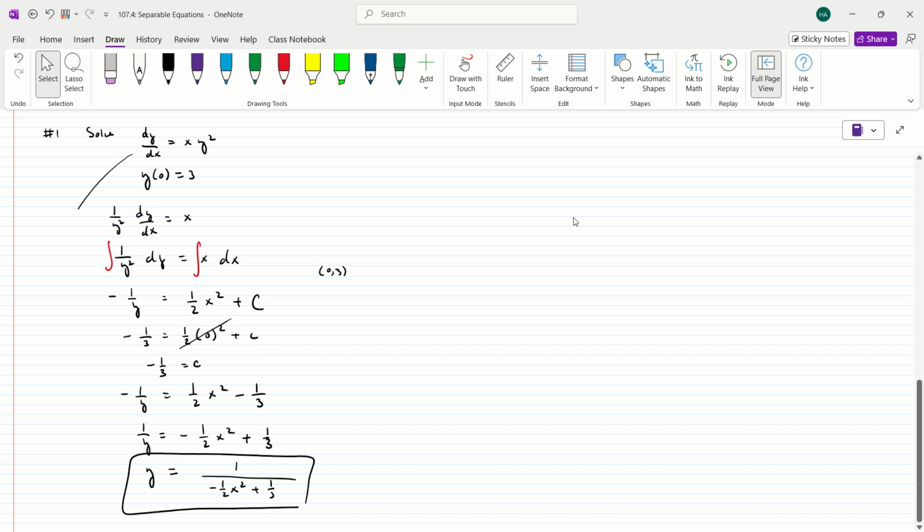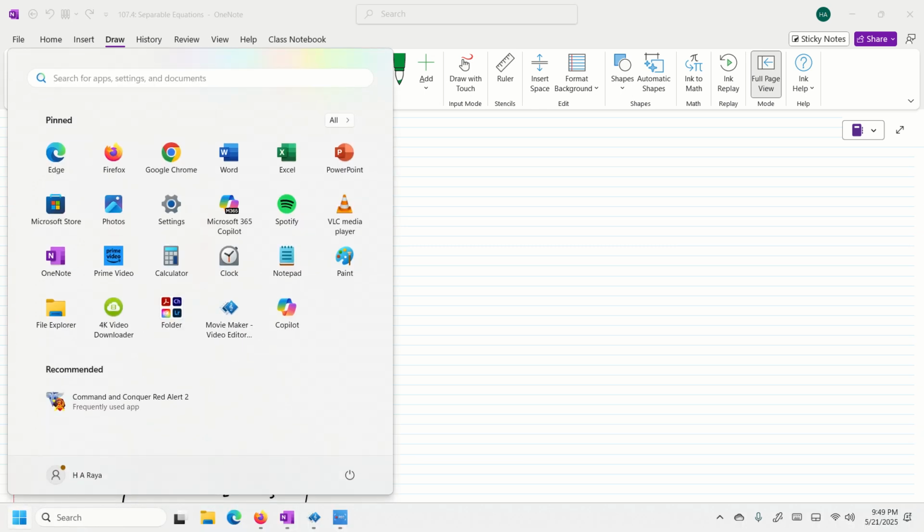One thing to note is that this is a first-order differential equation, and in the previous sections we talked about how to use a slope field and a computer graphing utility to help us visualize what the solution should look like. So let's go ahead and call up GeoGebra, the slope field generator, and see what the solution should look like for dy dx equals xy squared.